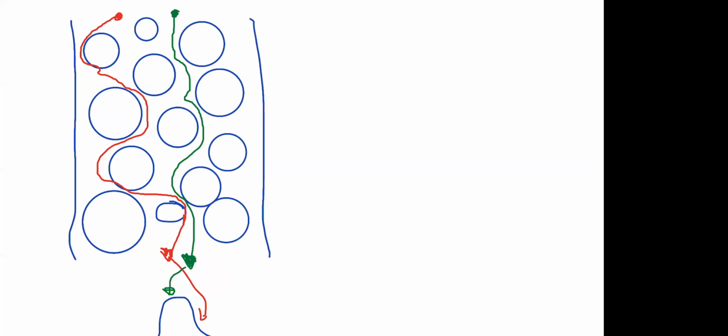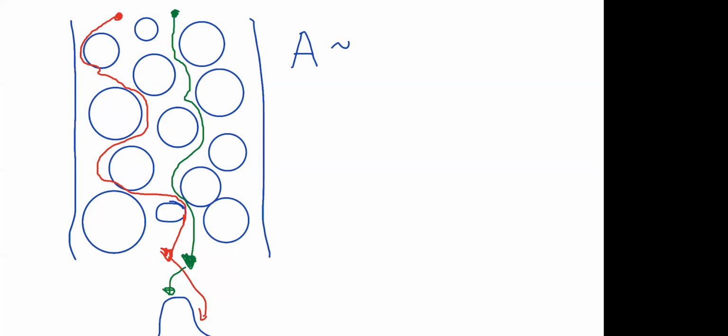And you might now think, what are the factors that influence this eddy diffusion? Eddy diffusion is usually denoted in the van Deemter equation with an A, and it depends on the particles.